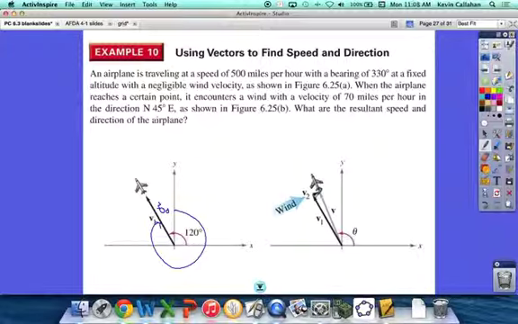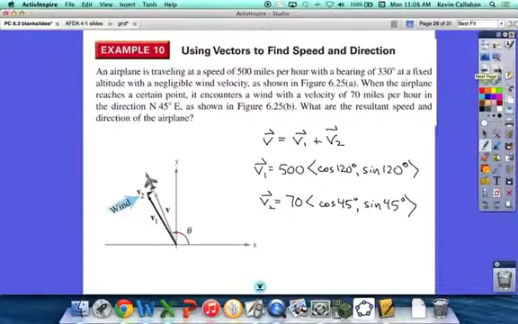Right, so let's see. So the V vector, the resultant vector, is the sum of the V1 plus the V2. Right, the V1 vector, again, using this magnitude of the vector, 500, times the cosine of 120 and the sine of 120.